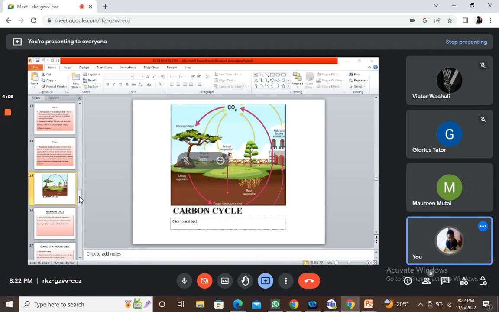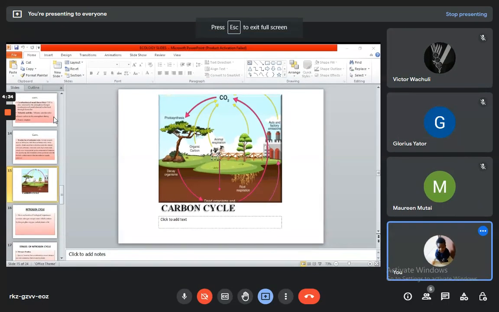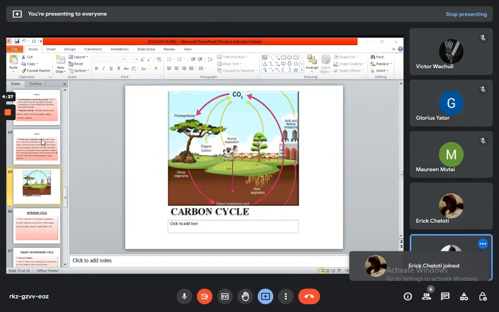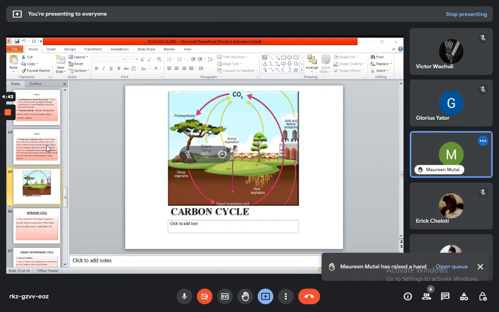Okay, let me just do the summary of it all. Today we have learned about the carbon cycle, and we have learned about several ways that carbon can be returned to the atmosphere. What are those ways that carbon can be returned to the atmosphere? Glorious?